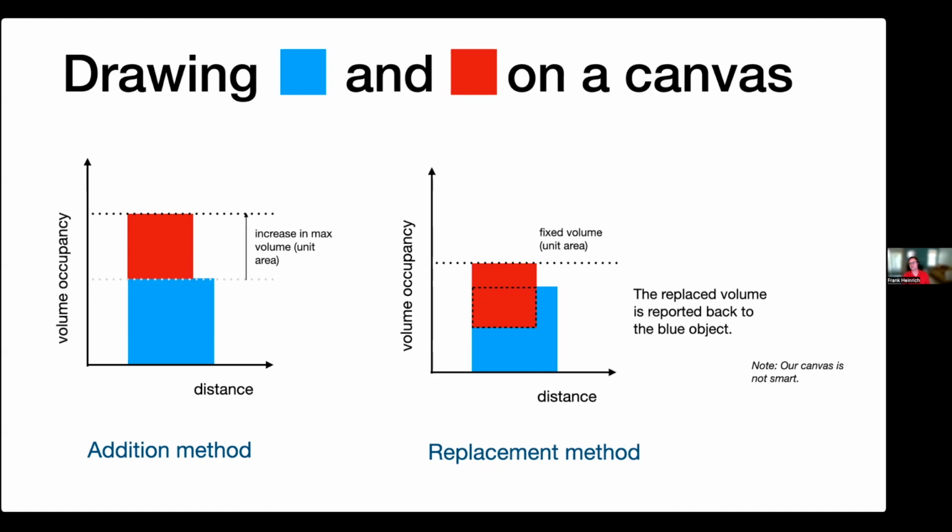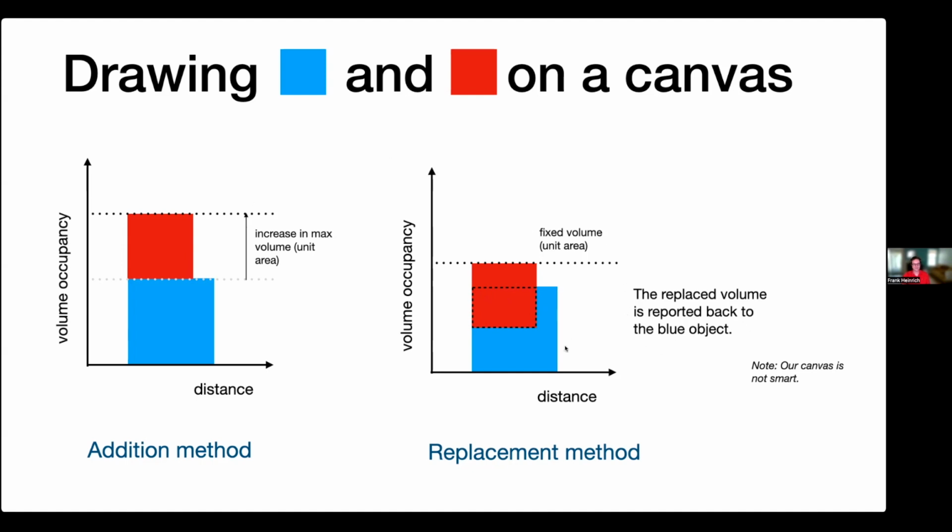So how this is then done typically is that this amount of replaced volume and where it is replaced is reported back to the blue object, in our case, let's say the bilayer, so that the blue object, the bilayer, can update its state based on that. So you want to know, did you replace head groups? Did you replace tails? How does this affect the stoichiometry? So there is this feedback.